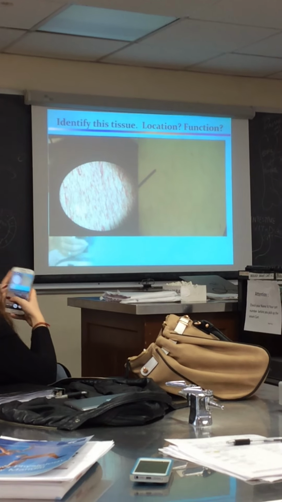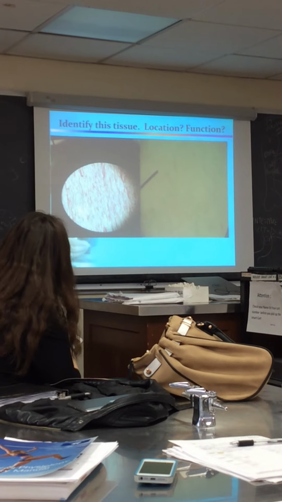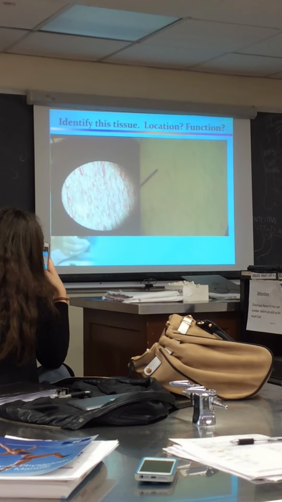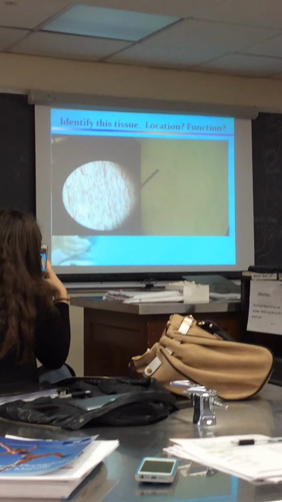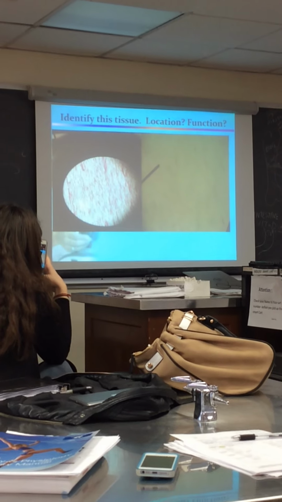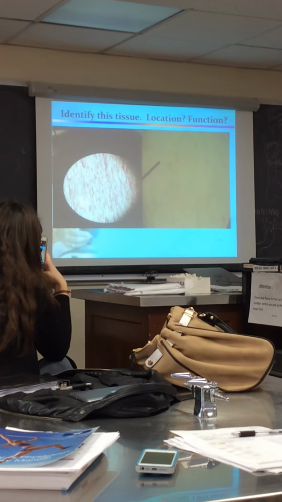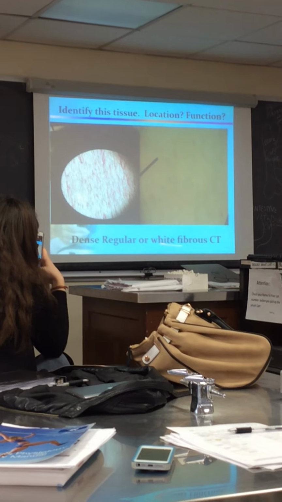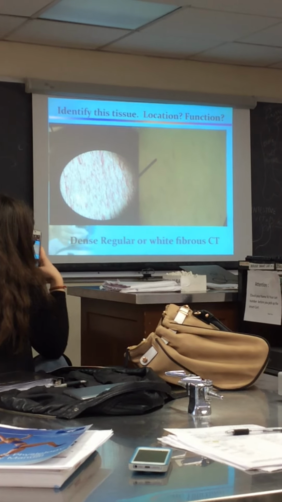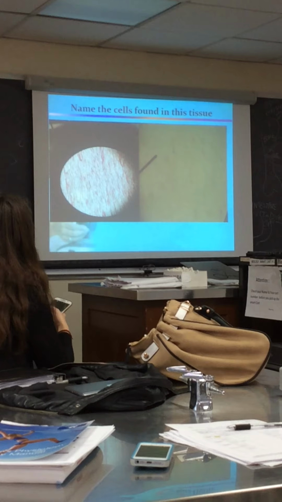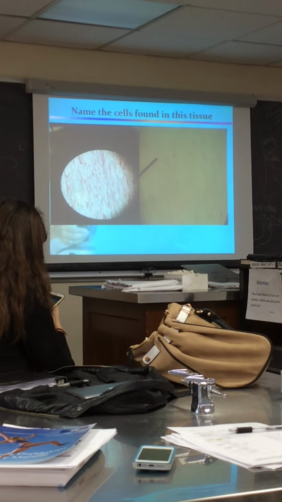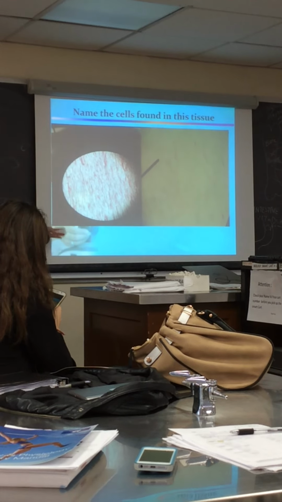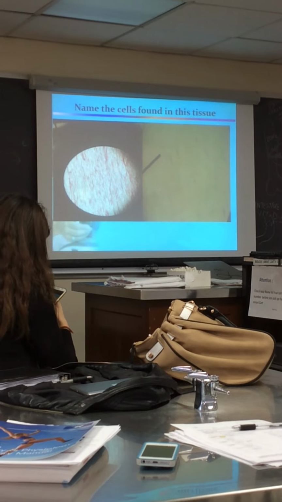Ligaments connect bone to bone, so you can put as function connects bones to bones. Or if you say tendons, it will connect bones to muscles. So dense, regular connective tissue. Name the cells found in this tissue. Whenever you see fibers, they're fibroblasts.